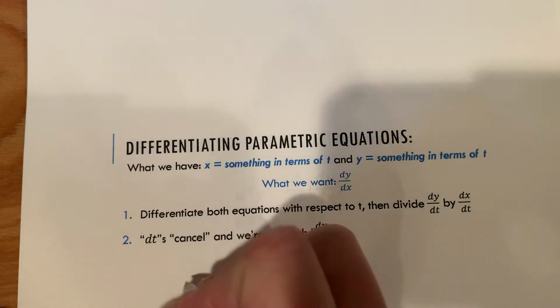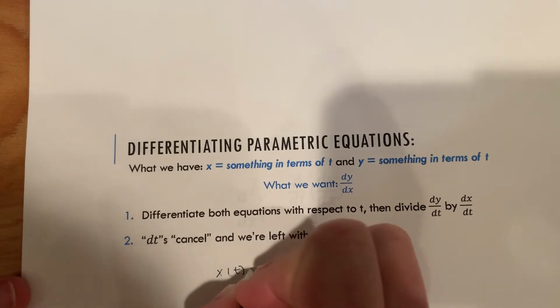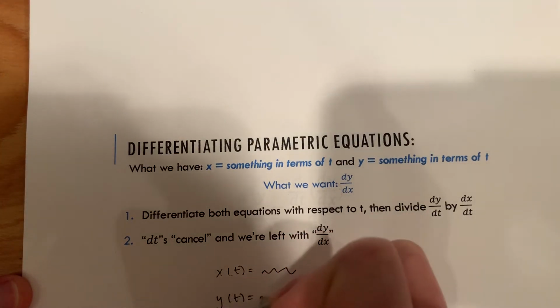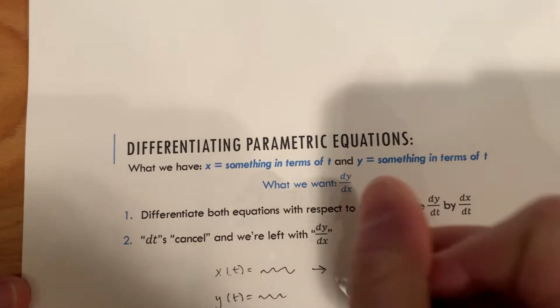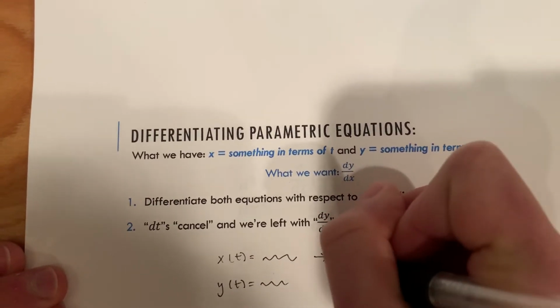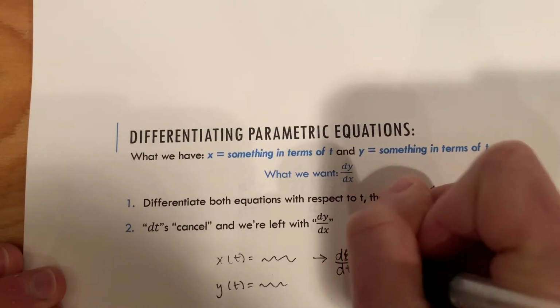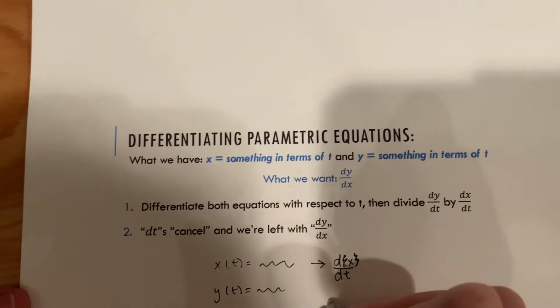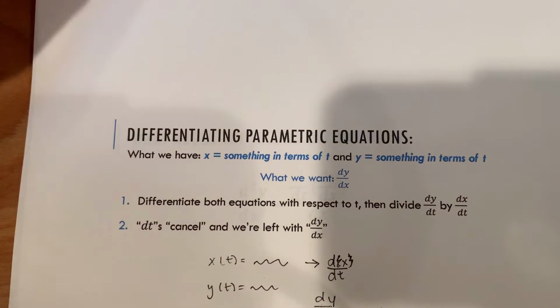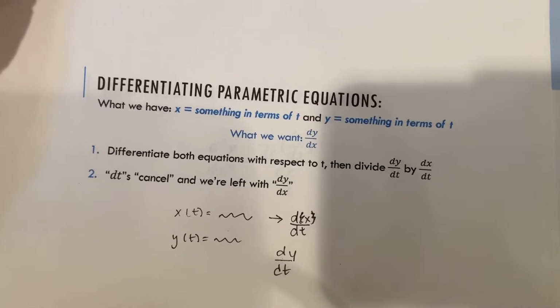So what we mean here is we have x of t equals something, y of t equals something. We're going to take the derivative of x of t, dx dt. Don't ask me why I put parentheses on that. And then dy dt. You can't see that. Sorry, folks.